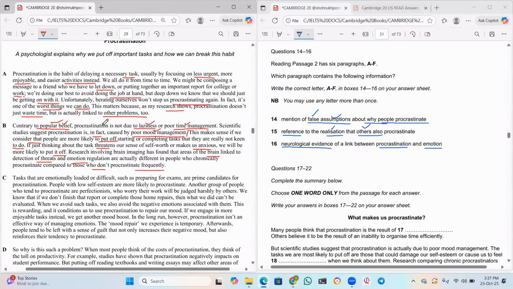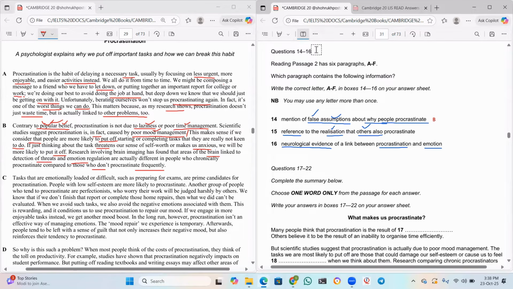So this is the false assumption. Contrary to popular belief, that's where you have to understand. It means false assumptions. These two are false assumptions: that it is caused by laziness and poor time management. No, sir, it is caused by poor mood management. So yes, there is a mention of false assumption exactly here. So B should be the answer for this one. I'll just write B here.